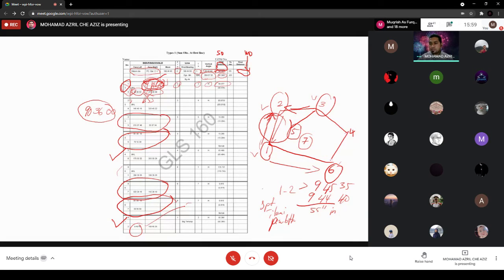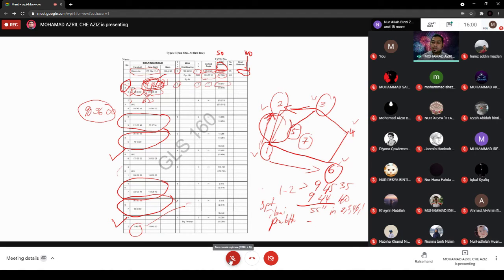So here there are 5. You have to write 2, 3, 4, 6 and 1. Then the 55 seconds divided by 5. So you will get negative 11 seconds.